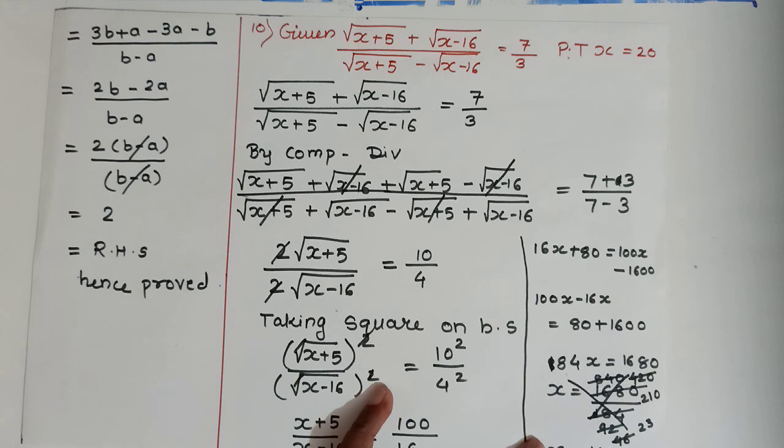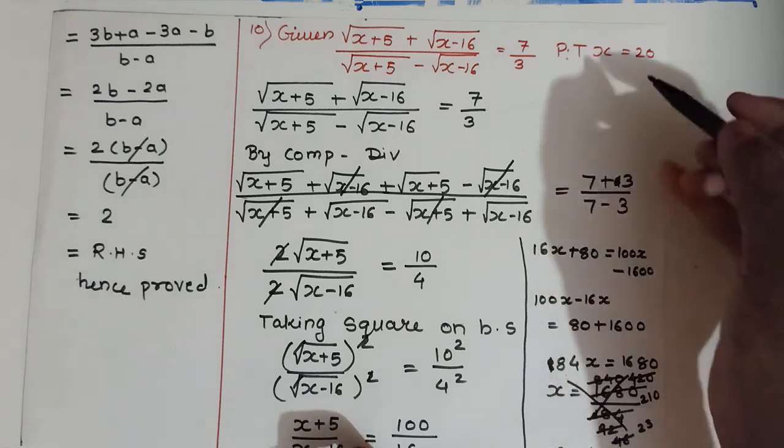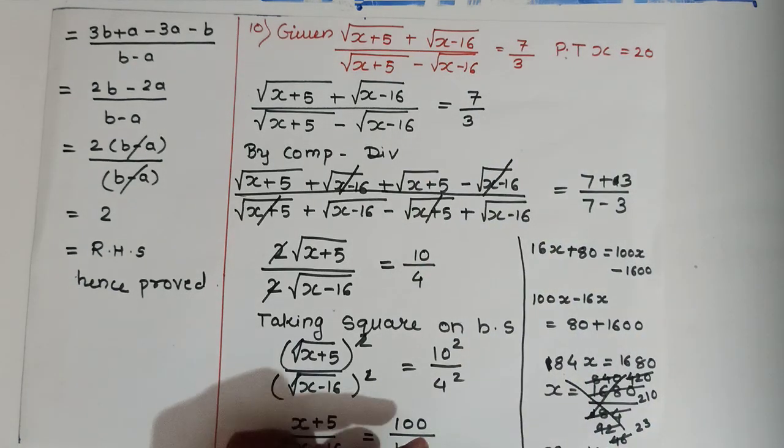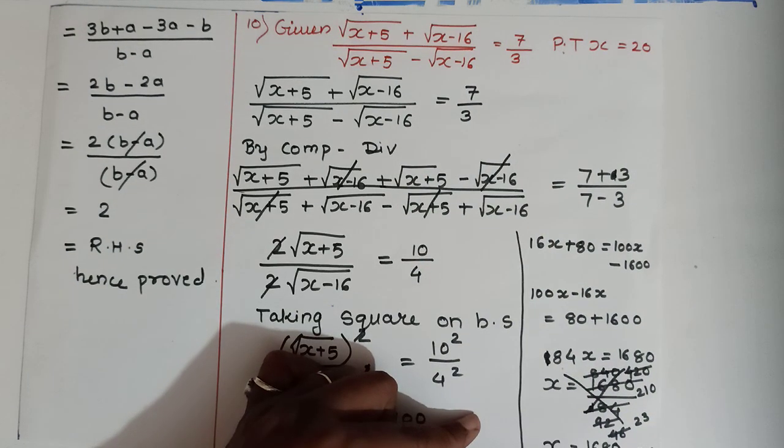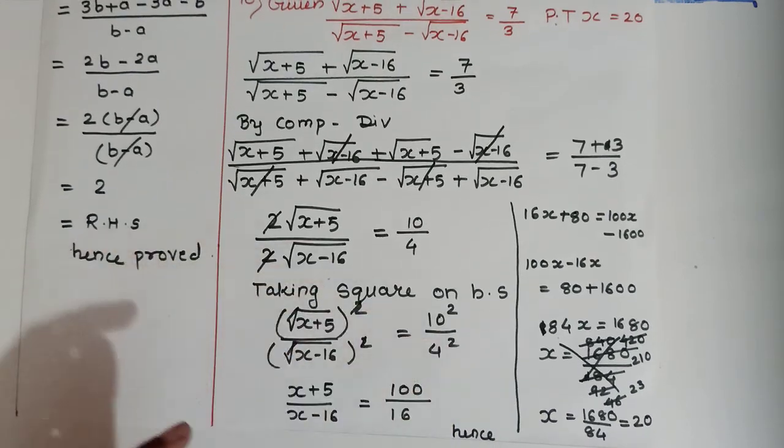When you reduce it, you will get your answer as 20. So we are getting x equals 20. Hence proved.